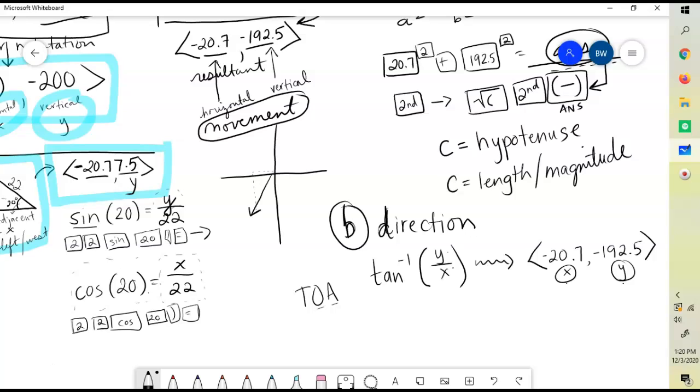So to get inverse tan on your calculator, you hit the second button and then you hit tangent. It generates for you the open parentheses. You input then the absolute value of the y value is fine, so just positive 192. And then, oh, you don't need a comma.